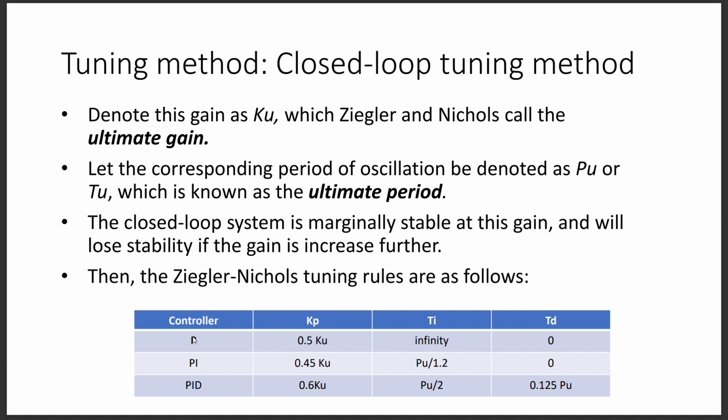They say if you want to design a P controller, a PI controller, or a PID controller, I'm going to tell you what the values of your parameters should be based on this Ku and Pu. So if you want to design a PID controller, Kp should be 0.6 times Ku, Ti should be Pu divided by 2, and Td should be 0.125 times Pu.